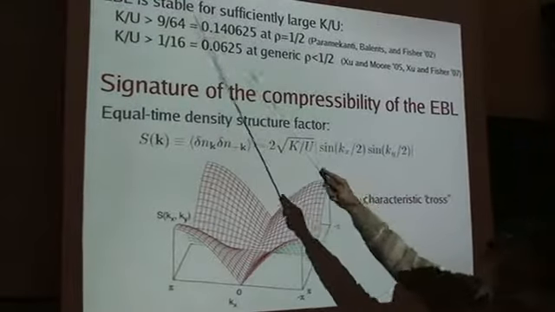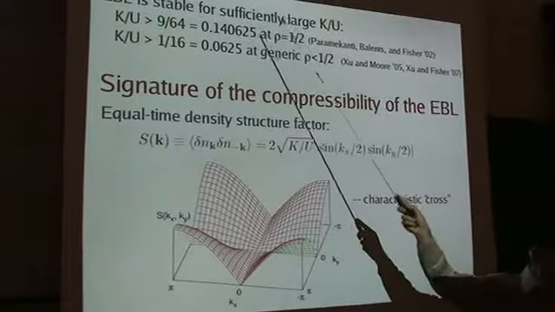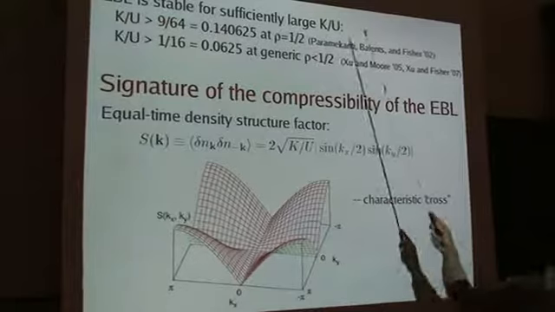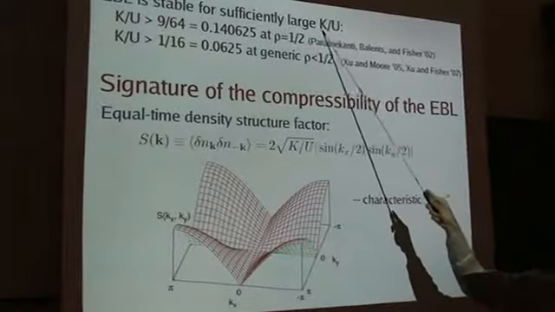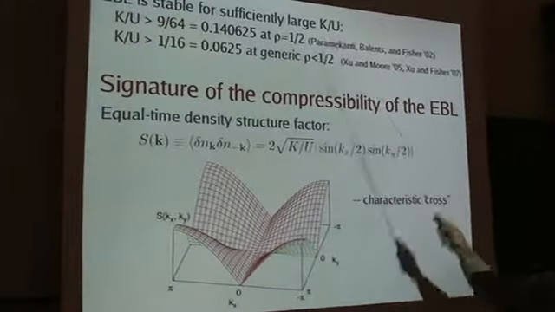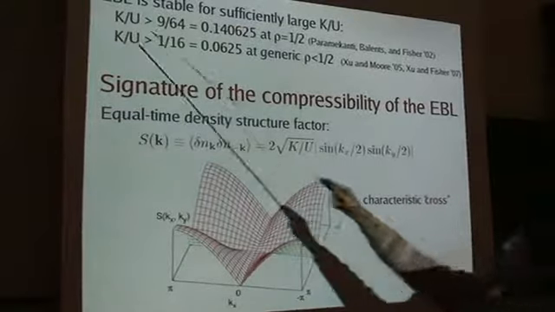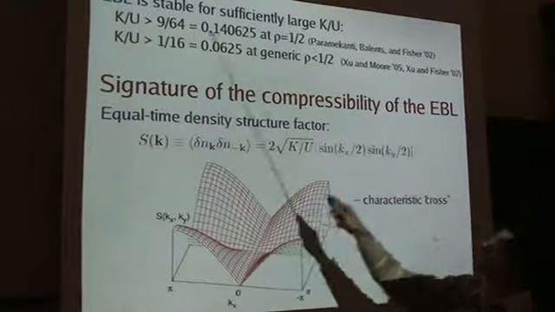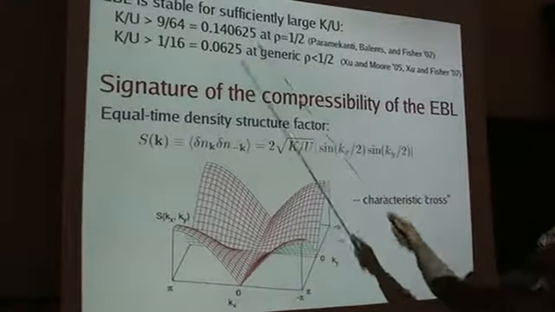The EBL phase, where you can neglect these topological defects, is stable for sufficiently large k parameter, with effective k over some effective u, and at half filling in that particular model, this ratio should be larger than something like 0.14.